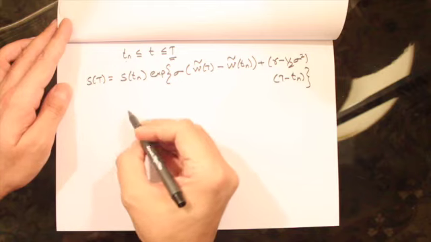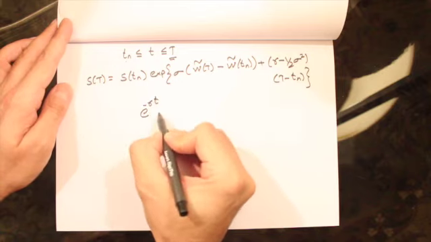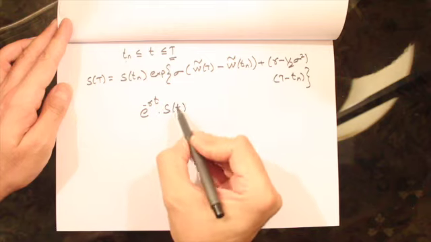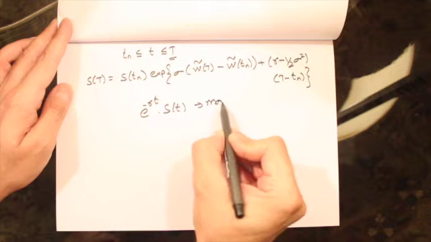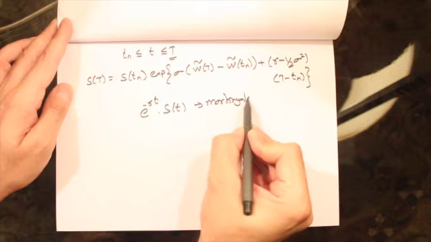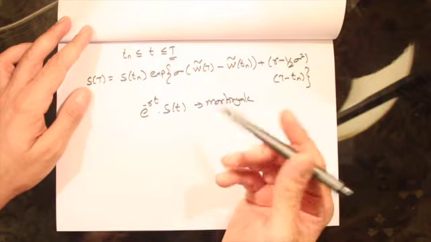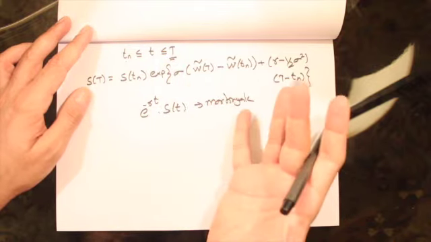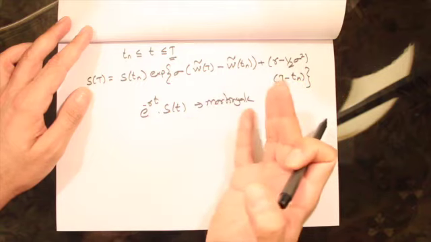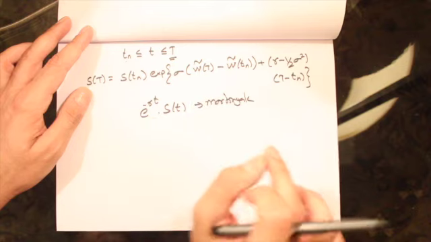Hence we can say that the discounted value of the stock, e to the power of minus RT times S of T, where T lies between Tn and capital T, is a martingale. It's a martingale because we don't have any dividend paying out during this time, and we've talked many times before that the discounted value of the stock is a martingale. That's what I've written down here, and we're not getting any dividend, so this holds true.